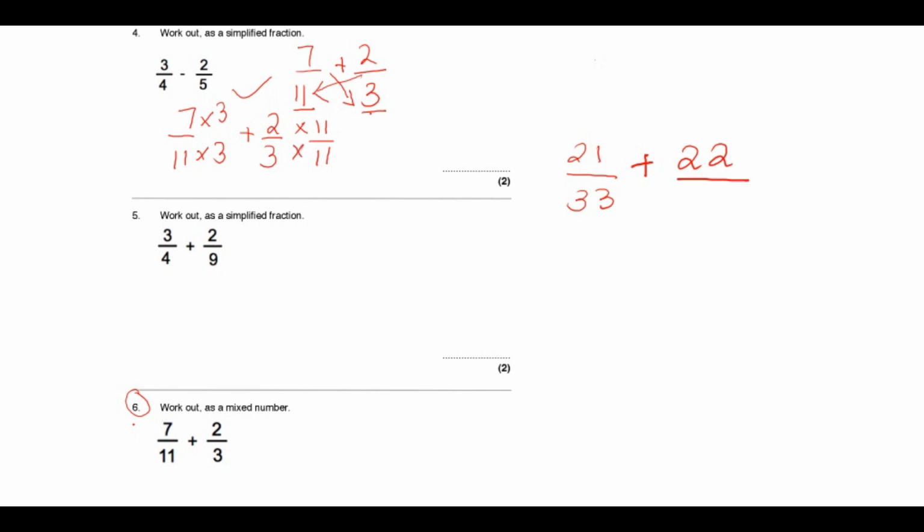Can you see here that you have the same denominators, 33 and 33. So now we can add 21 and 22, which gives you 43. So 43/33 is your answer.